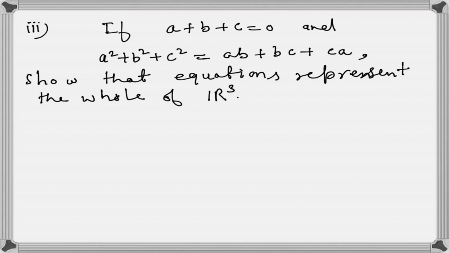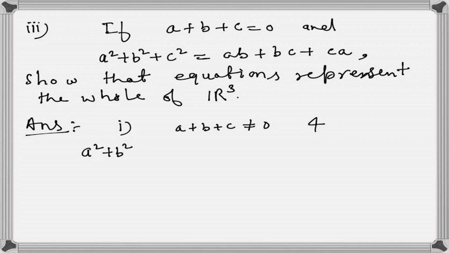Okay, so let's solve this problem. Part 1. Here a + b + c is not equal to 0 and a² + b² + c² is equal to ab + bc + ca.